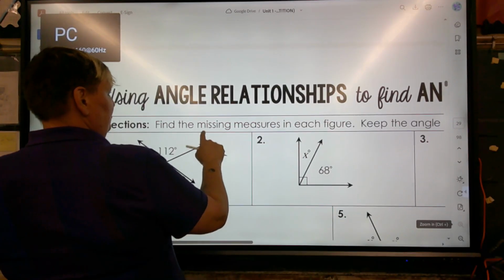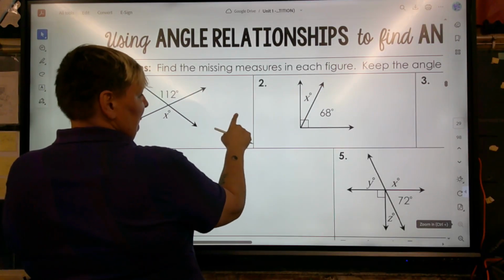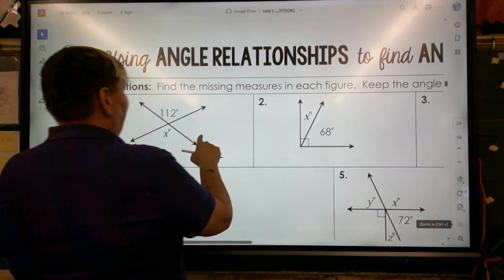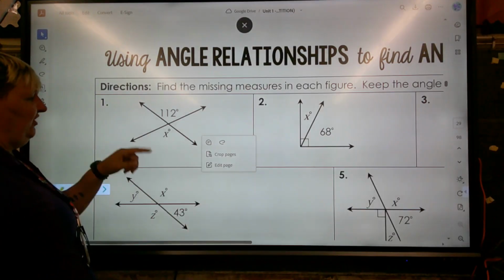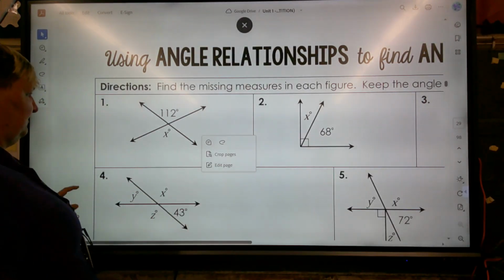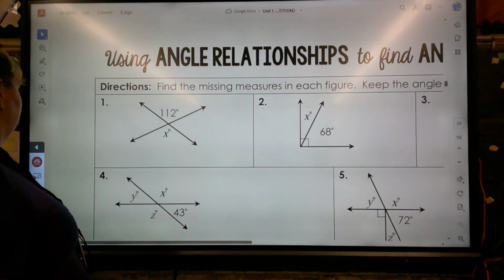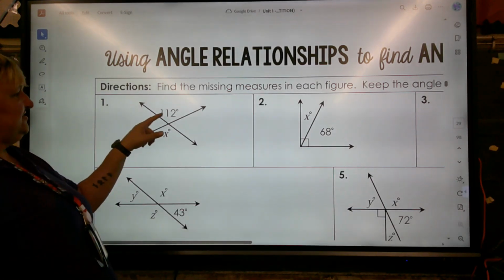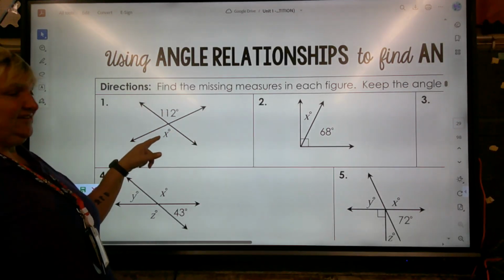Make sure you use all the information you are given and everything we've learned up to this point. All right, so number one tells us that this is 112 degrees and then asks us what x is.